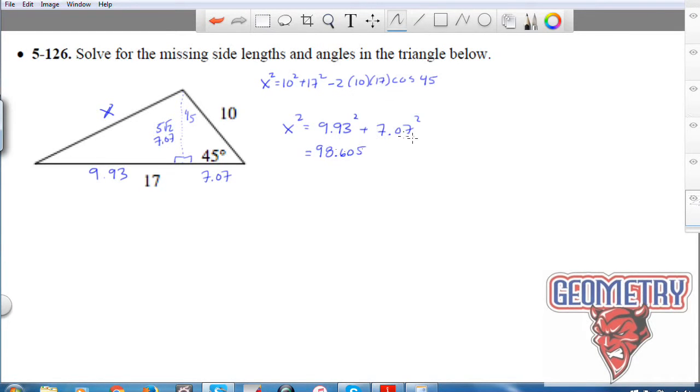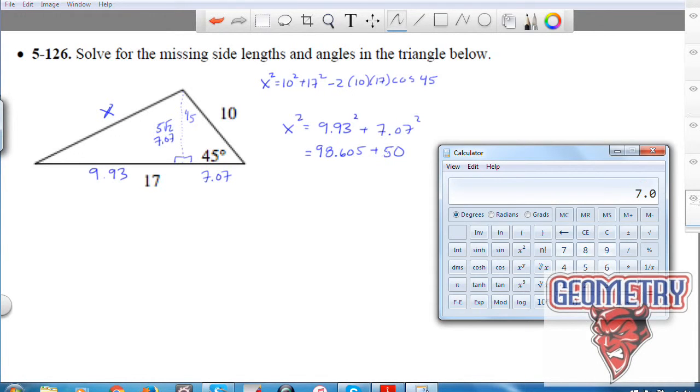And then 7.07 squared is really 5 root 2 squared, and 5 root 2 squared is really 25 times the square root of 4, which is 25 times 2, which is 50. And I think we'll find if we do 7.07 squared, we get 50 as well.